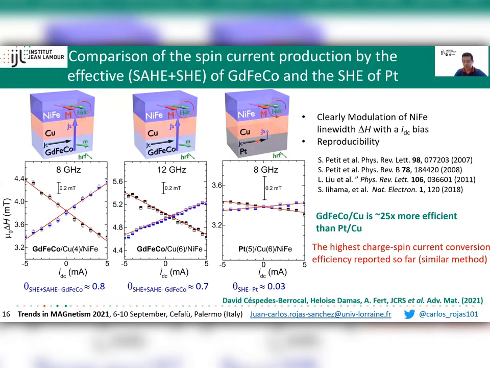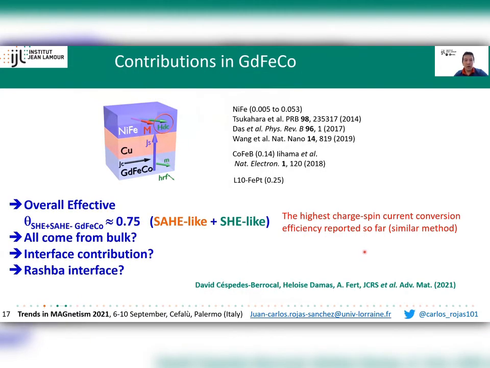So that is a very high value, and actually it's not surprising because in gadolinium iron cobalt we have a strong spin-orbit coupling from the 5d band of gadolinium. So now this value is really high. As I said, we have the spin anomalous Hall effect and the spin Hall effect in this experiment.